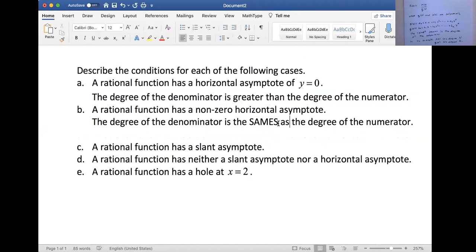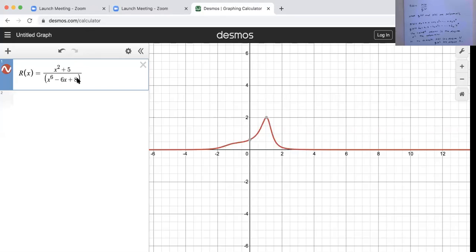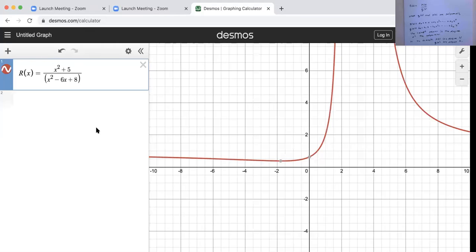So if we look at Desmos, if we make them the same, so I have x squared plus 5 upstairs, and I make it x squared minus 6x plus 8, I have a horizontal asymptote at y equals 1. We can see that here at y equals 1.